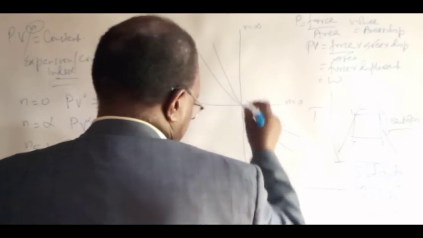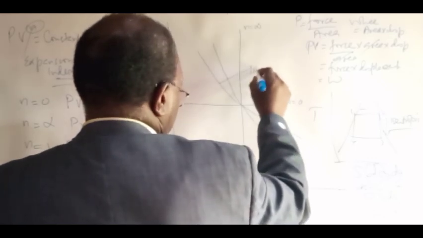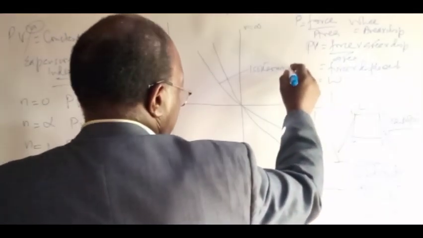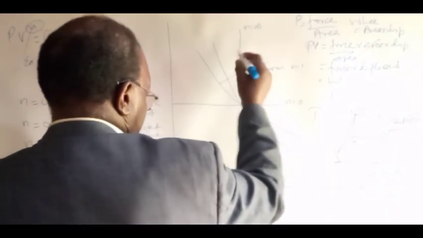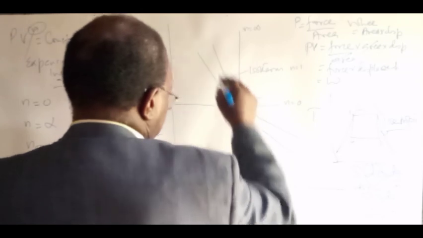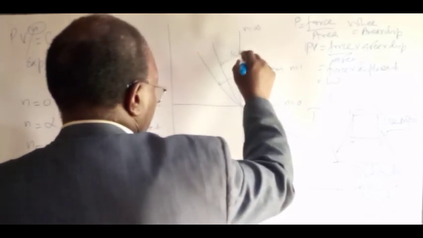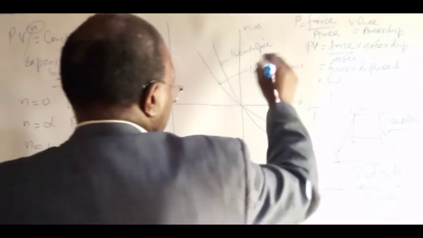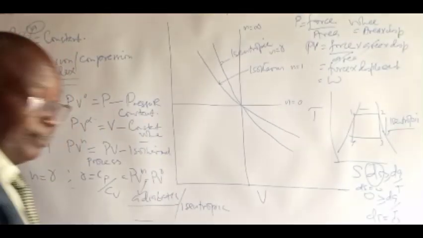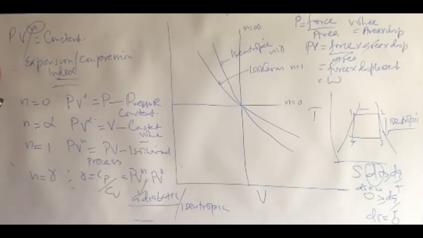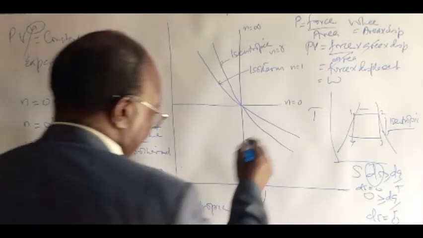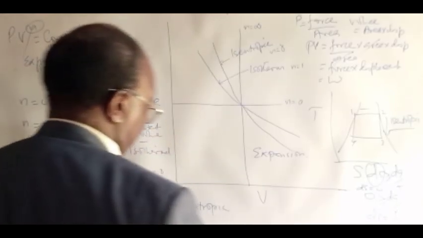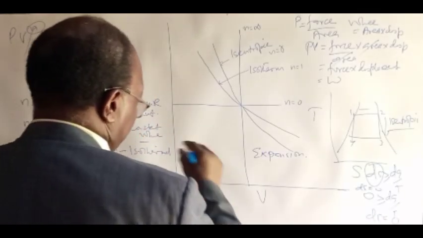This will be the isotherm. Along the isotherm, n is equal to 1. This is the isentropic curve, and there we have said n is equal to gamma. So this is the kind of curve which you have. So here we have expansion, then we have compression.